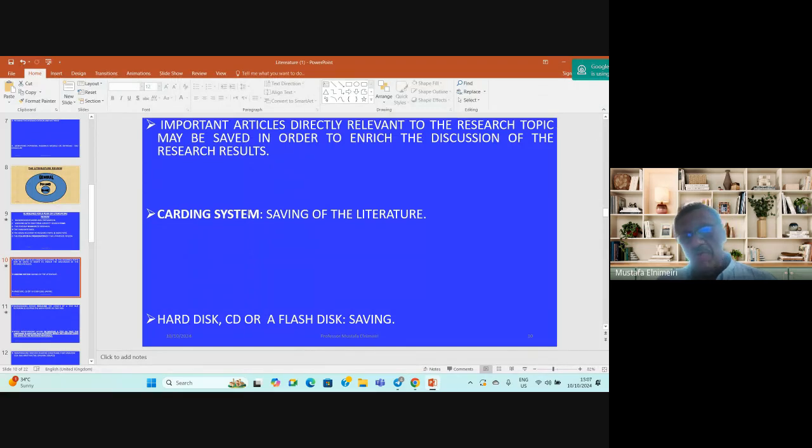This means that you can use them in any part of the thesis or the article, but it is important to use them for comparing your results with the results of other investigators in the discussion chapter. We may use a carding system, for example, to save the literature, or otherwise you can use a hard diskette, CD, or flash diskette to save the reviewed literature so that you can keep it for your use.